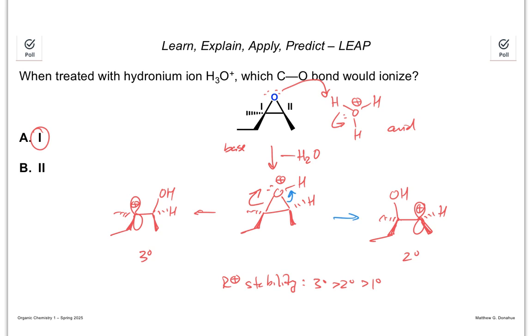So acidic conditions proceed through carbocation intermediates. That's what we evaluate. And then basic conditions follow the SN2 trend. So it's going to run the opposite way.